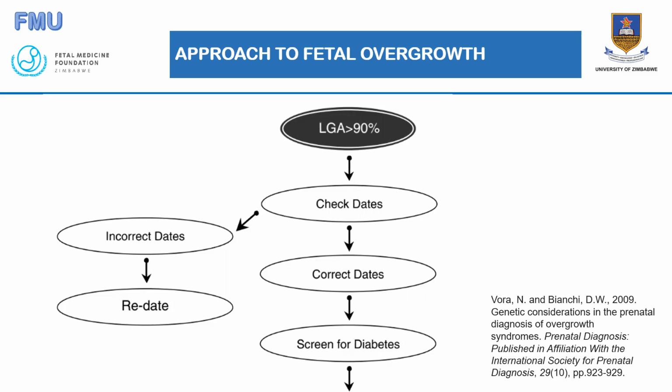So if you do not have the image of the CRL that was done, you should still query the dates if you see a large for gestational age baby who is morphologically normal in the second trimester.